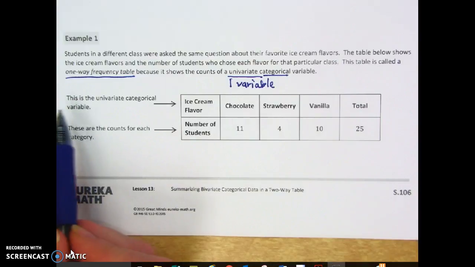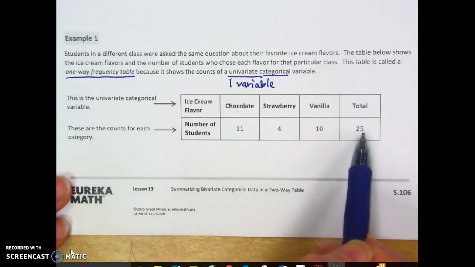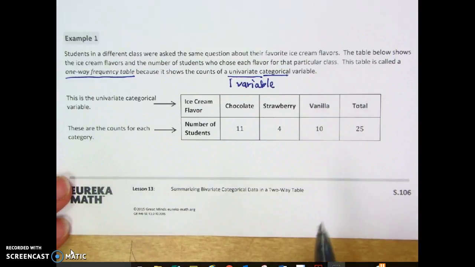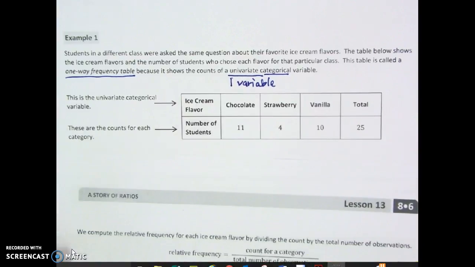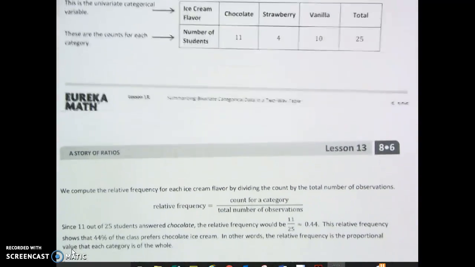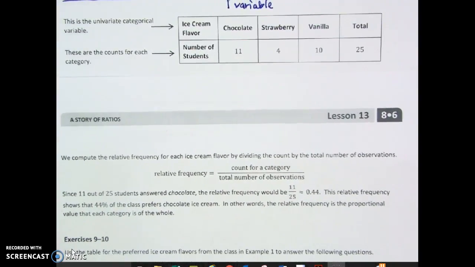Anyhow, so this is the univariate categorical variable, and these are the counts for each category. So 11 people said chocolate, 4 strawberry, 10 vanilla, and 25 for the total. All right, so we are going to calculate what is called the relative frequency of these.